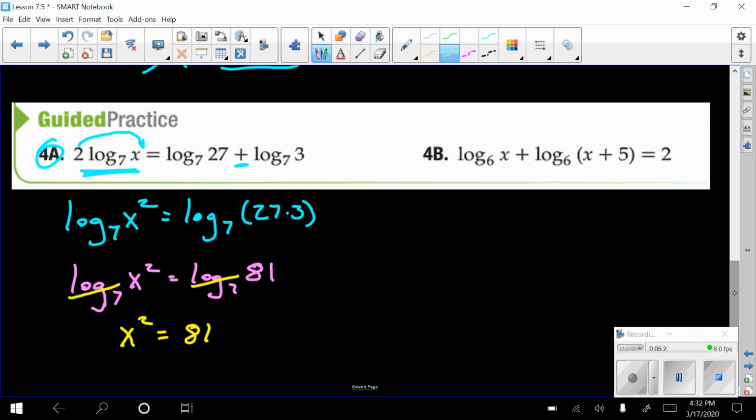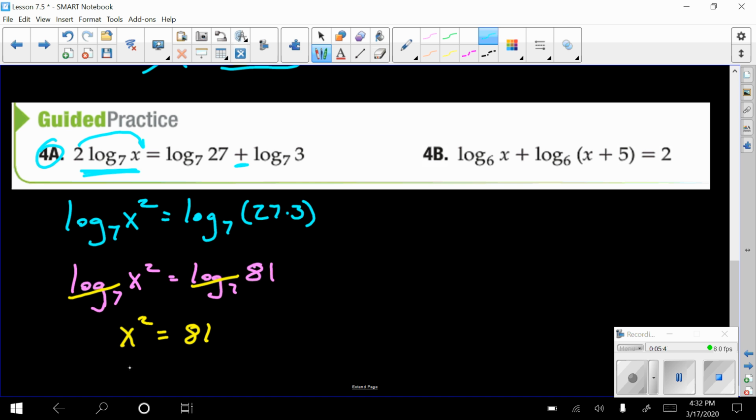Be careful though, to solve it, you have to take a square root, but when you take a square root, you get x equals positive and negative 9.